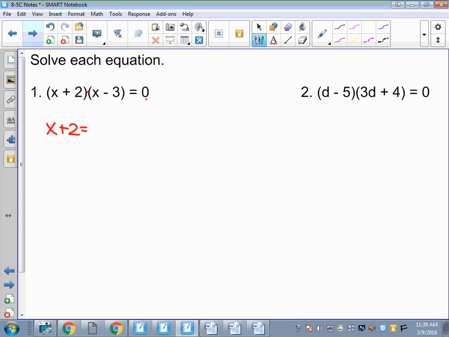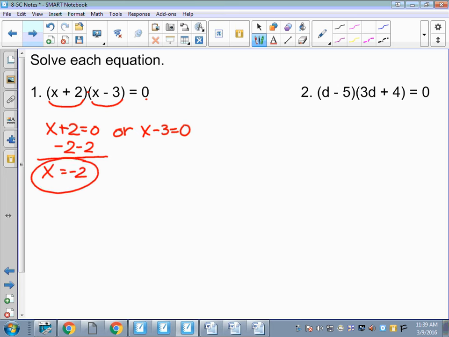X plus 2 is equal to 0, or x minus 3 is equal to 0. Those are two numbers. This is the first number. This is the second number. There are two factors being multiplied together that equal 0. In order to get 0 when you multiply, one of them has to be 0. If x plus 2 is the one that's 0, I can subtract 2 from both sides. X equals -2.